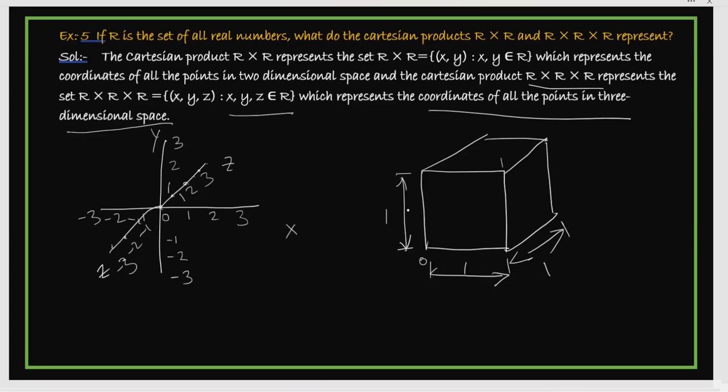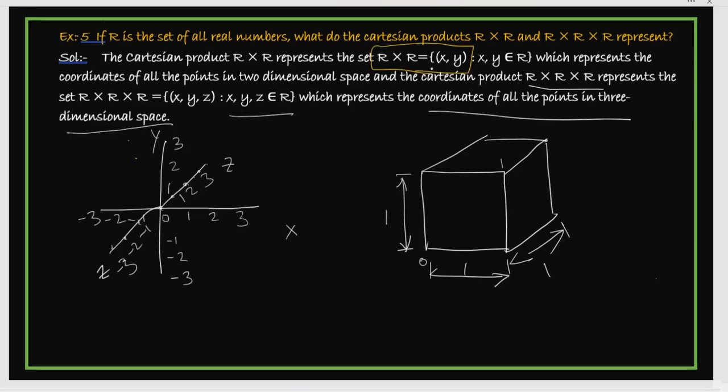This is a three-dimensional figure. The dimensions are 1, 1, 1. This is how all the real numbers R into R into R will represent three-dimensional space. This is a pair, remember that, and this is a triplet. Okay.